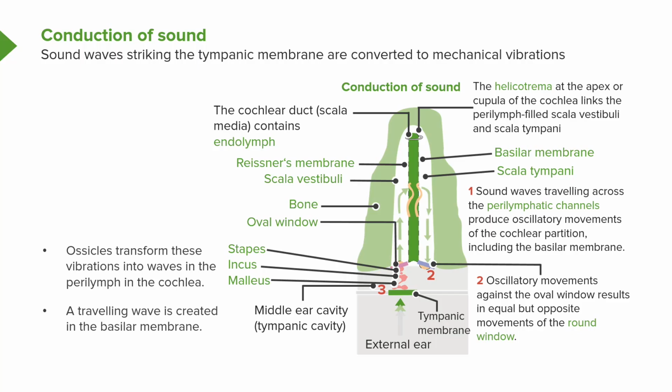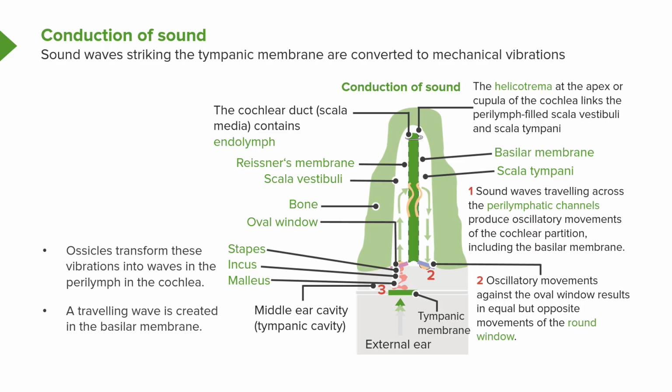So when the sound waves create the vibration of the tympanic membrane, and that sound energy is then transferred to mechanical energy through the bony ossicles, it causes the oval window to vibrate. And that creates a wave of vibration through that perilymph.